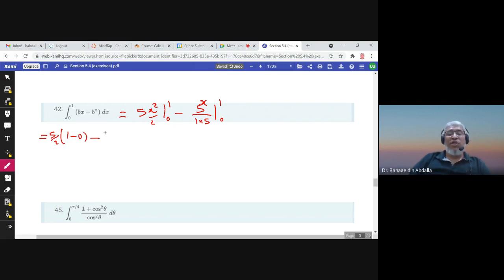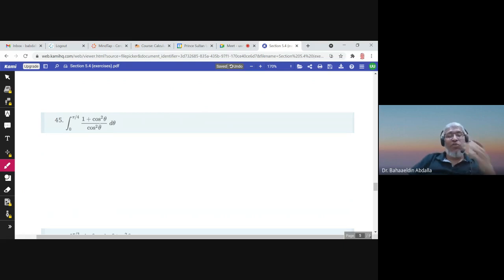Now ln 5 is just a number. So I will take it out and I replace x by 1. So I have 5 to the power 1 which is 5 minus 5 to the power 0 which is 1. So I will have 5 over 2 times 1, okay, minus 5 over ln 5. So this would be the exact answer.